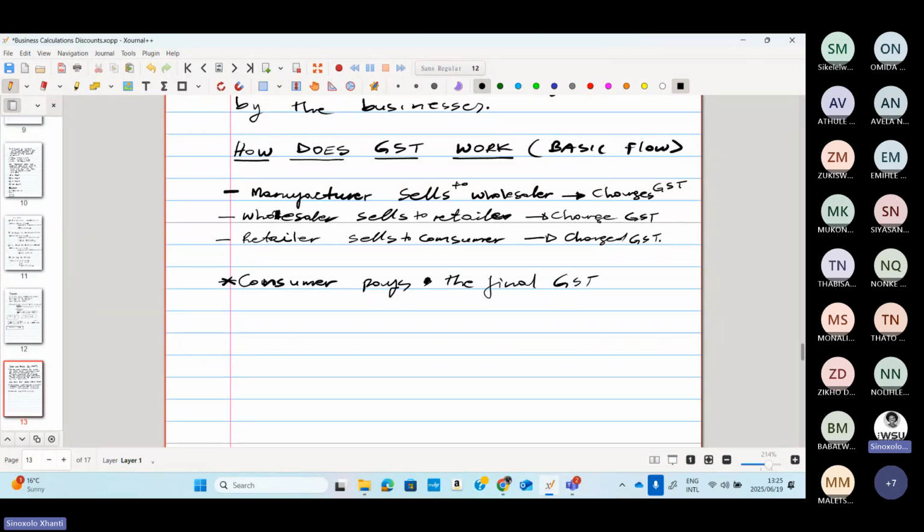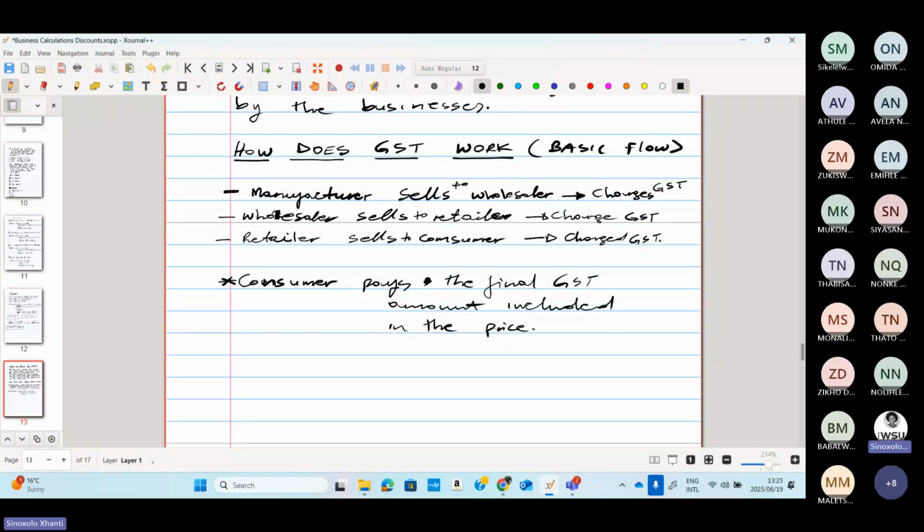Because this consumer is actually not going to sell to anyone. So this is the person who will only be charged by the government, with the GST amount included in the price.